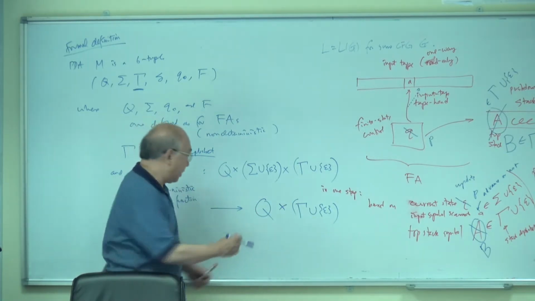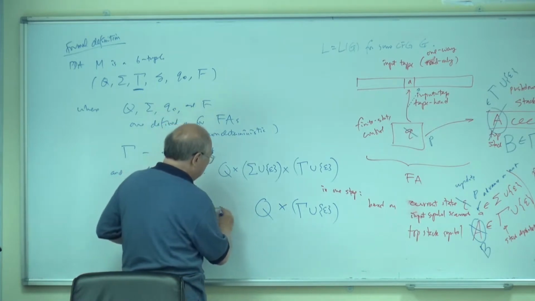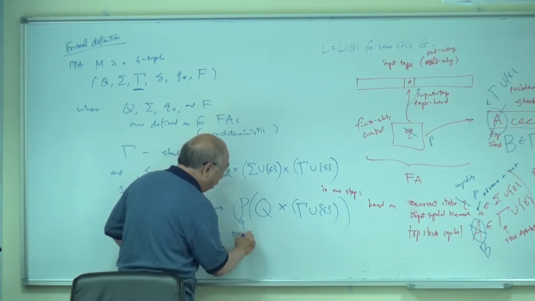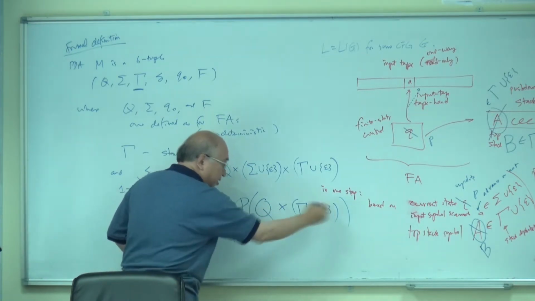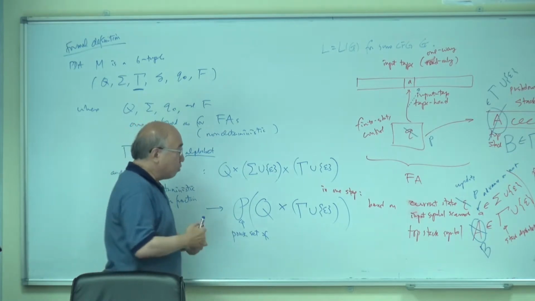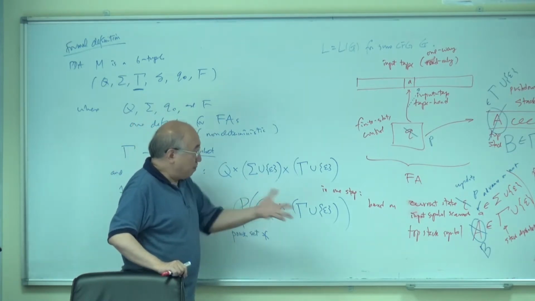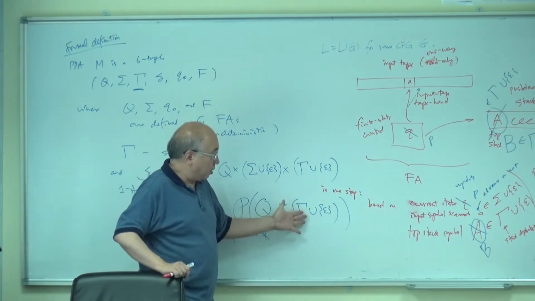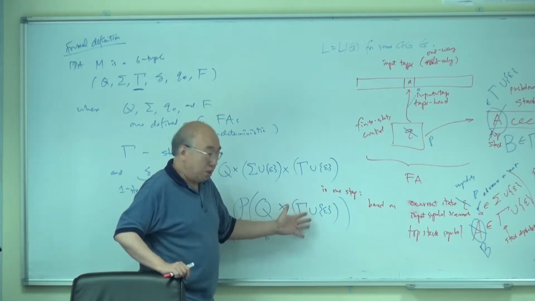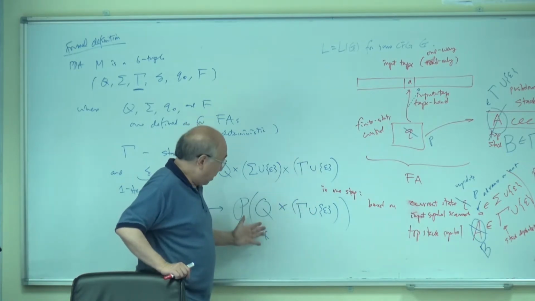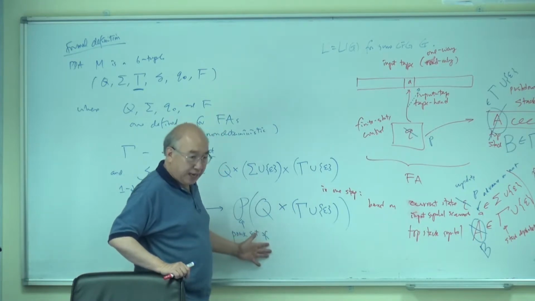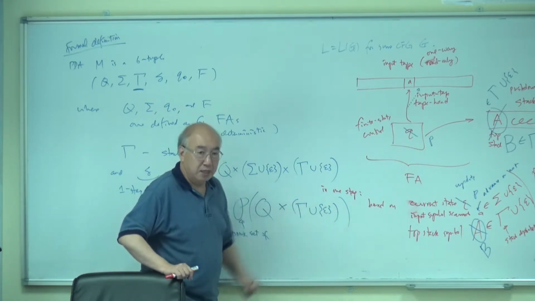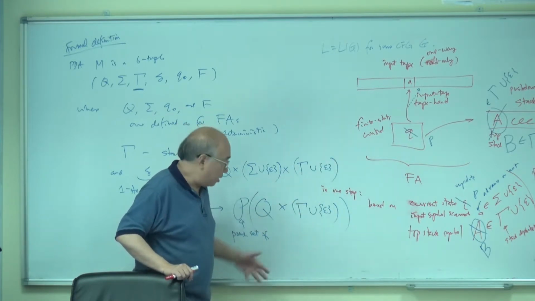We really want to say we could have multiple such possibilities. So as usual, the trick is that this is going to be the power set, right? So remember this notation, this is the power set of Q cross this. In other words, that allows us to say one possibility is one updated state together with the stack symbol we're going to use to replace the top stack. And then another possibility is possibly another state together with the symbol that is used to replace the old top stack, and so on.